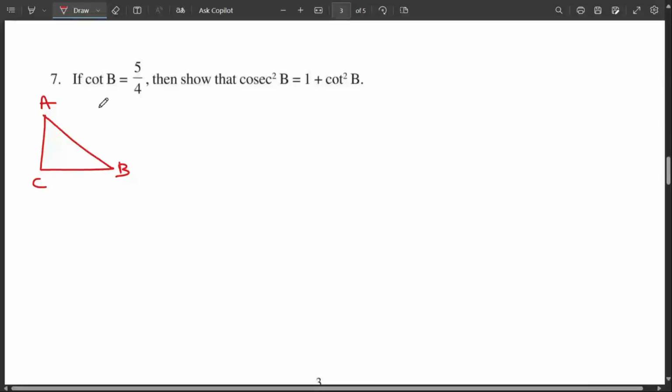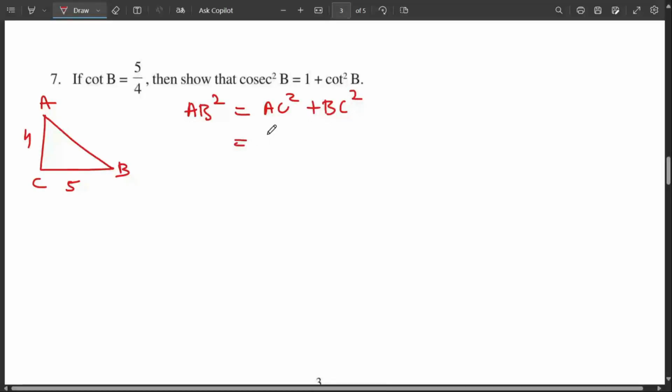So once again it is given that cot B is equal to 5 by 4. We know that cot is nothing but adjacent side divided by the opposite side. So BC will be equal to 5, AC will be equal to 4. In order to find out the value AB, once again we have to make use of Pythagoras theorem. So AB square is equal to AC square plus BC square.